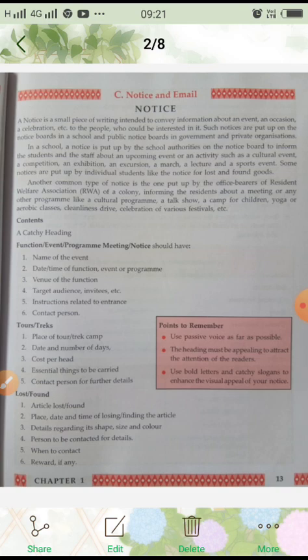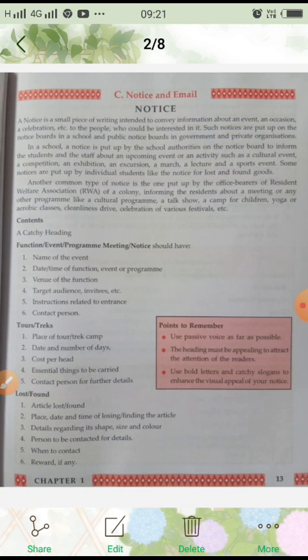And who could be interested in it, that is, if such people or students are interested in taking part in that event, or if they want to come and witness such functions or events, we give such information through a notice.